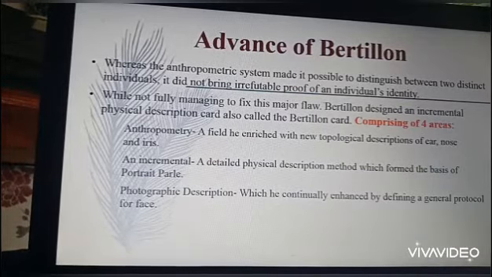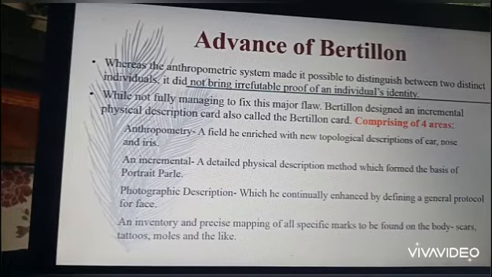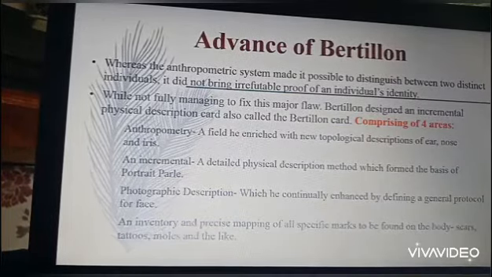Photographic description, which is continually enhanced by defining a general protocol for the face. An inventory and precise mapping of all specific marks to be found on the body: scars, tattoos, moles, and the like.